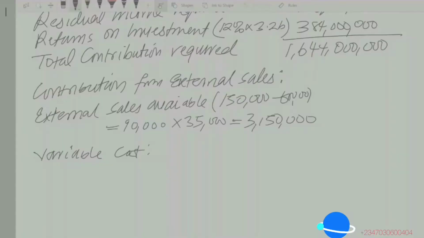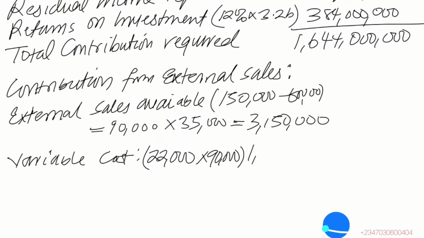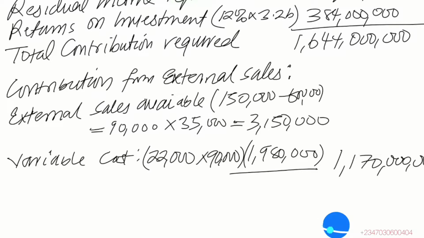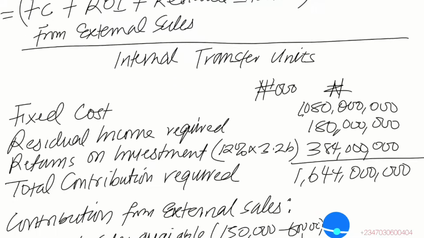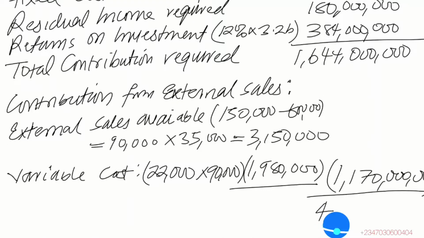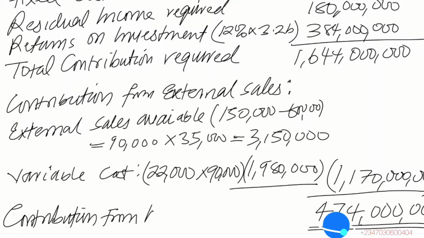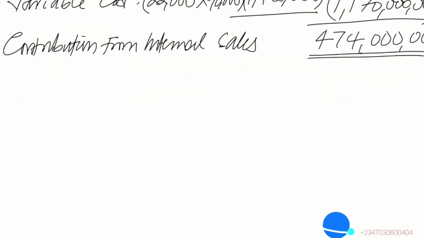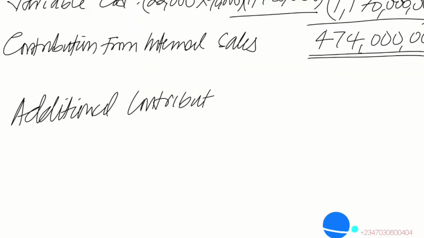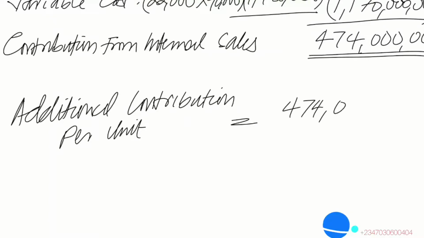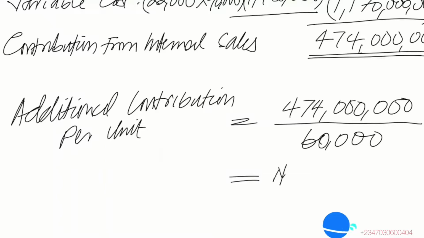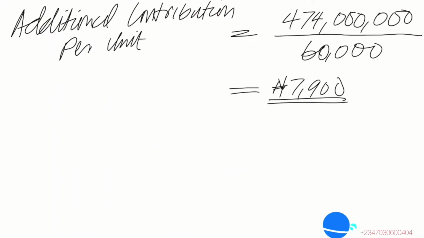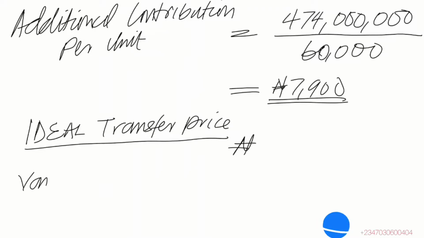Now you will bring in the variable cost. In the question, the variable cost is 22,000. You times it by 90,000, you have 1,980,000,000. If you deduct that, you have the contribution from external sales. Now, I want to remove the contribution from external sales from the total contribution, and that will give us 474 million, which is the contribution from internal sales. So now, the additional contribution per unit is going to be the 474 million divided by the 60,000 units we sold to Division X, which will give us 7,900 naira per unit.